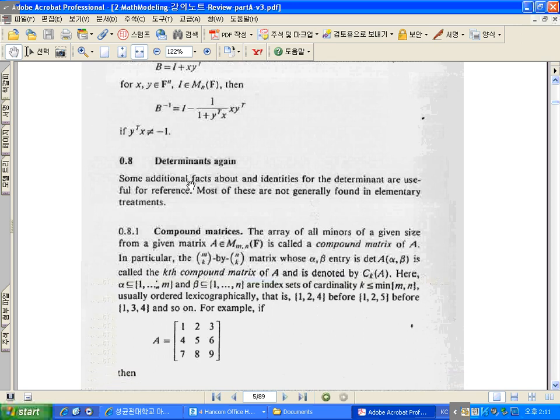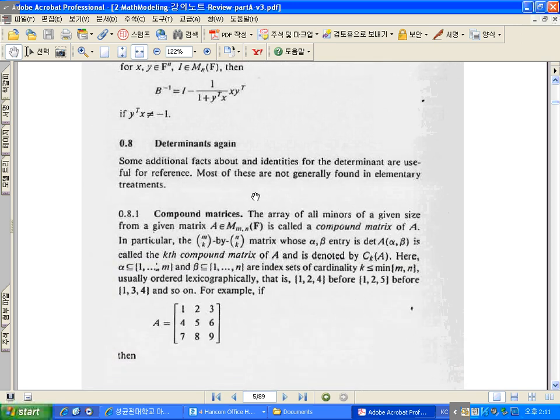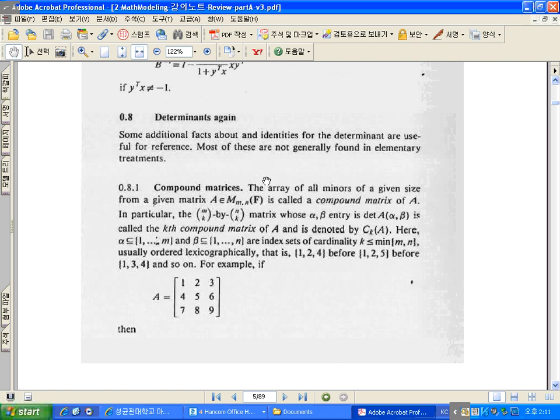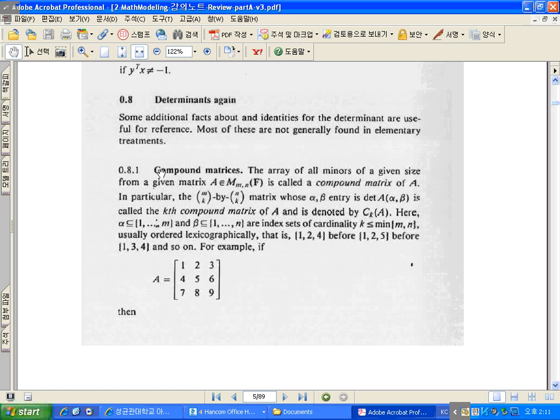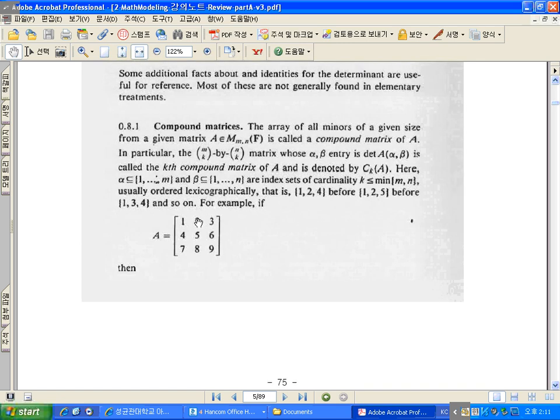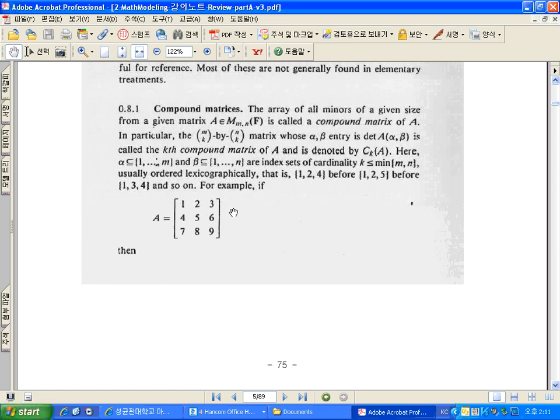Okay, determinant and determinant gain. We have learned a lot about the determinant, many facts and theorems. This is a consequence of it. Now we define the compound matrix. A compound matrix is a matrix that can be generated from a given matrix.